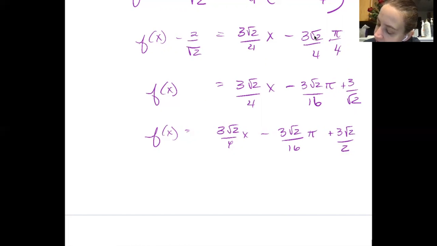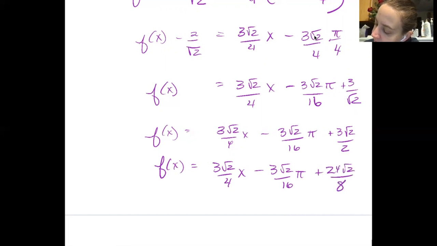I could make this a common denominator. If I need an 8, so 24 root 2 over 8. And then it would look kind of funny. But you could put them together.